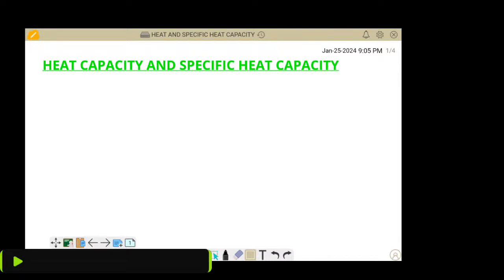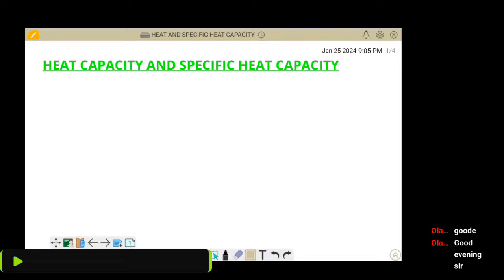You agree with me that heat energy is measured in joule, because it's an energy. We measure it with a calorimeter, the equipment used in measuring heat.